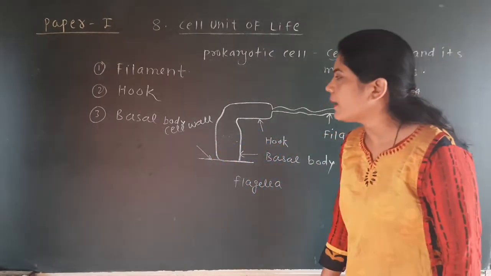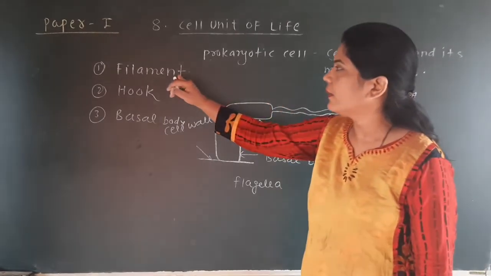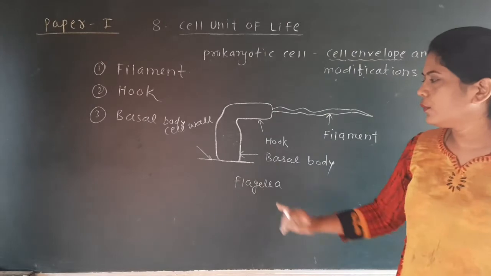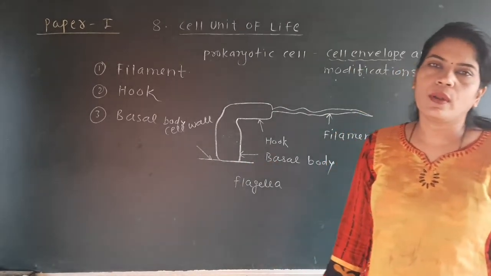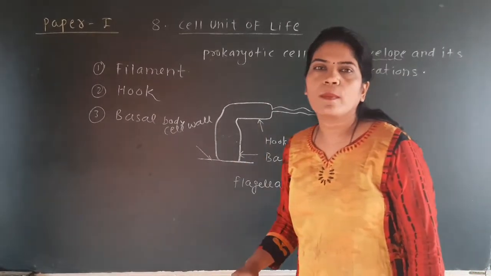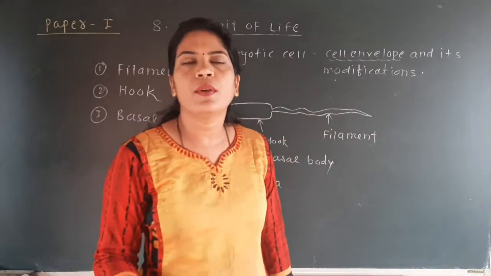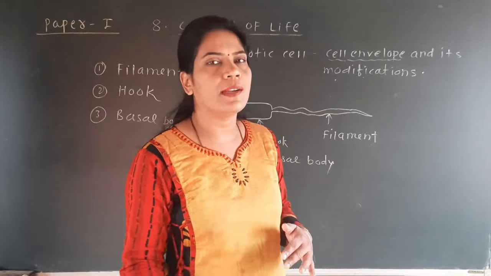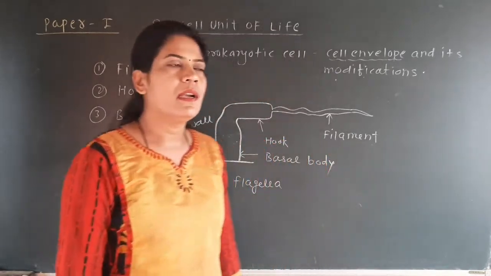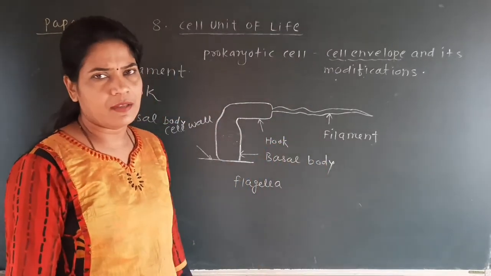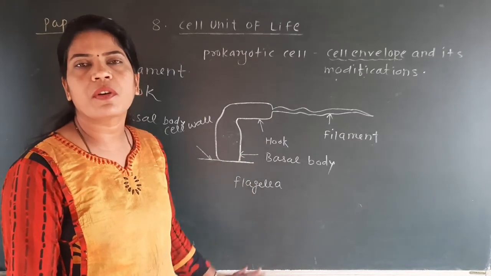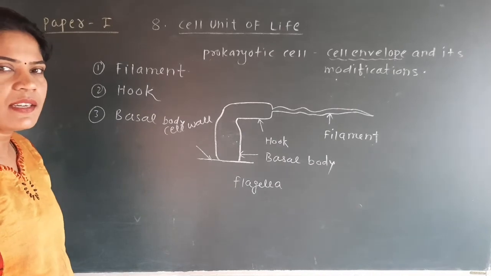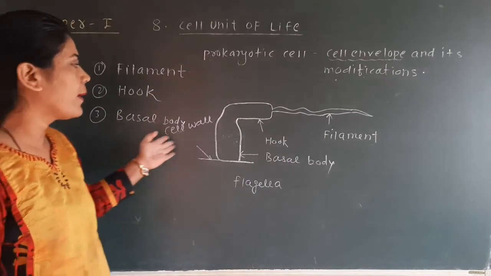Flagella has three parts: filament, hook, and the basal body, which is directly attached to the cell wall. This structure of the flagella you do not have to draw because it is not given in our book. When we observe the flagella under the electron microscope, then you can observe its structure. So it is the ultramicroscopic structure of the flagella, but you should know the parts of flagella and you can understand them easily by observing this diagram.